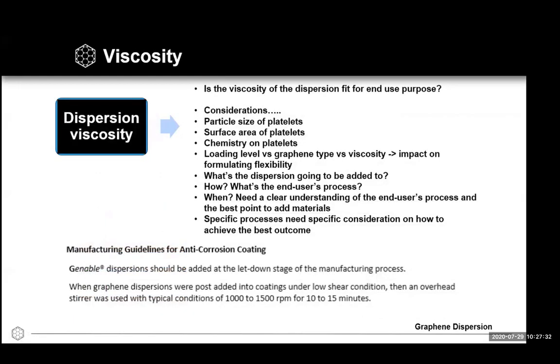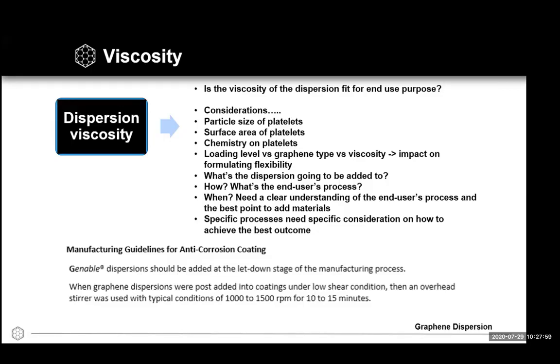Viscosity. So viscosity of the dispersion, clearly one of the key questions is whether that's fit for end use purpose. So considerations that come into play here: particle size of platelets, surface area of platelets, and if you recall back to the earlier slide, huge differences in terms of morphology of material, the way that wets out and the way that the surface area interacts in the dispersion.